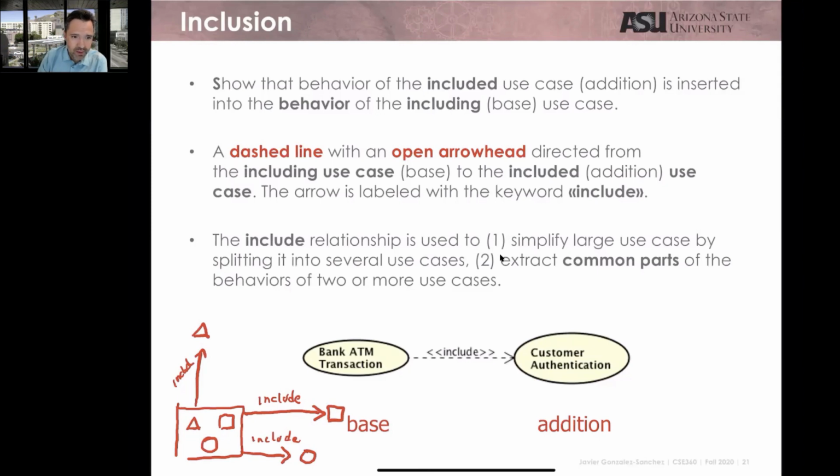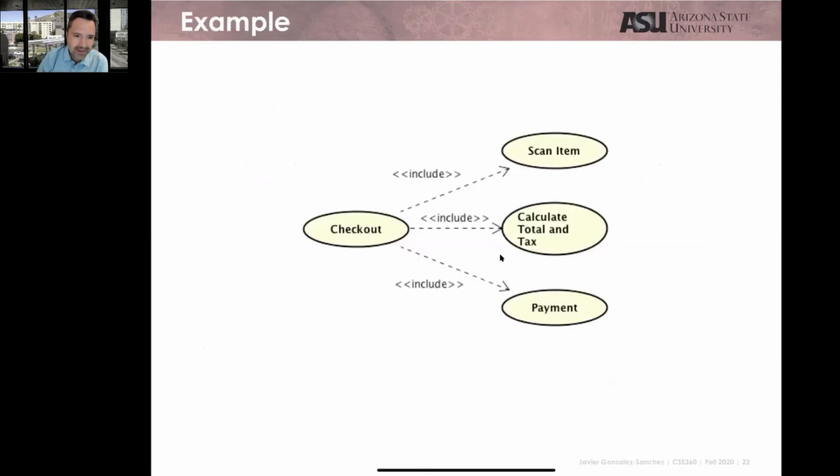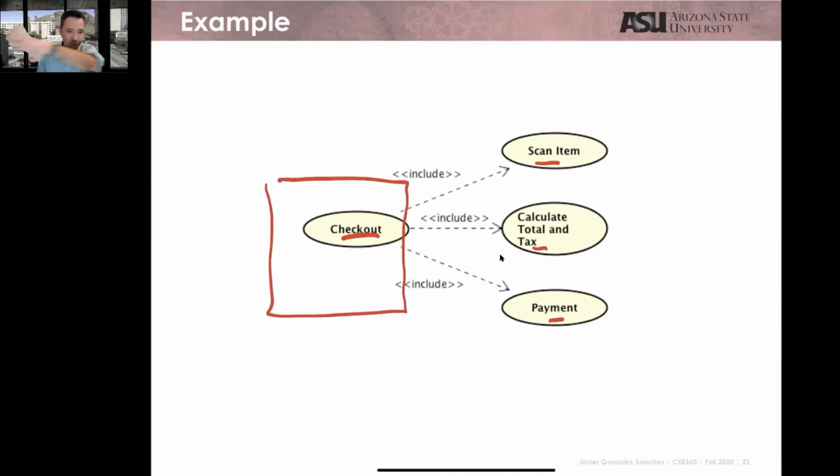Now, this is one thing. Example: if I have a checkout process, I go to the store and I am going to do my checkout. If I tell you that I have these three elements here, scan the item, calculate the total, do the payment, and I connect the checkout in this way, the reading of the diagram is that checkout is the big thing because it's the one that the arrows are going out of.